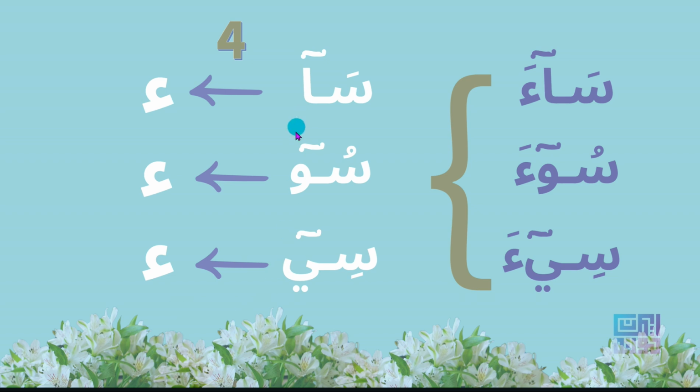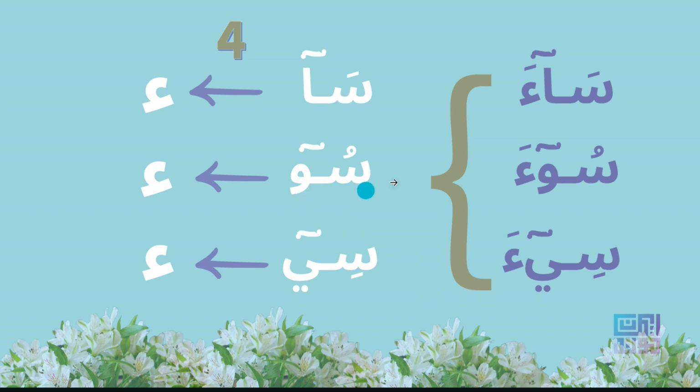So if I find harf mad after the letter, then I'm going to extend it twice. If I find the hamza after harf al-mad, then I'm going to extend 4 counts. So instead of saying su, I'm going to say su. And with the hamza, I'm going to say su. Okay?